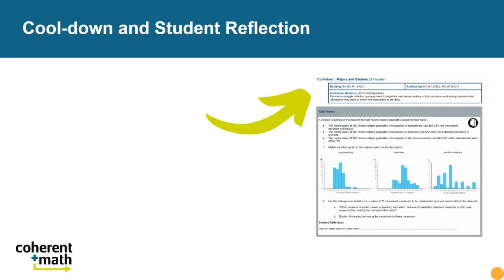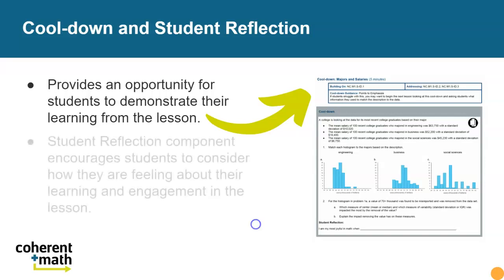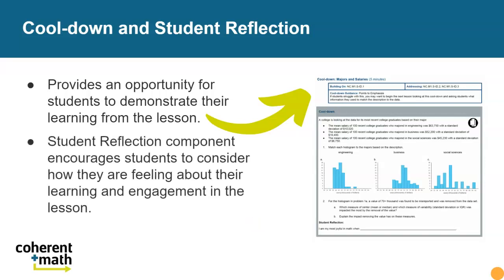And then you have the cool down and student reflection. This is a very key component of the lesson structure. This provides an opportunity for students to demonstrate their learning from the lesson. The student reflection component encourages students to consider how they are feeling about the learning and engagement in the lesson.